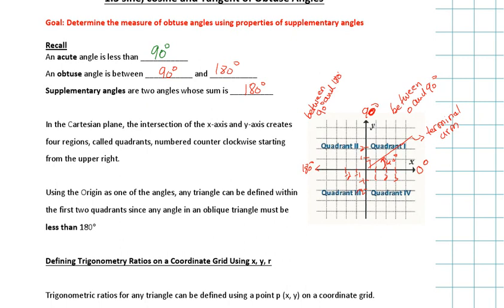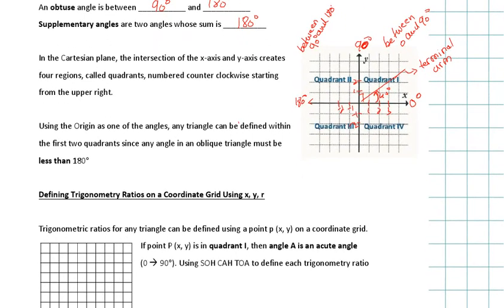That's right. So in the first quadrant, sine, cosine, and tan are positive. In the second quadrant, sine is positive, cosine is negative, tan is negative.